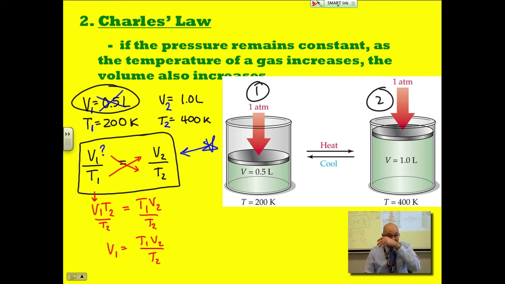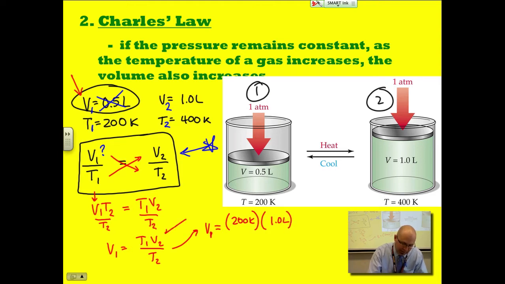Okay? And now, if I wanted to solve for V1, like I said I was going to do, if I take T1, which is 200, and I take V2, which is 1 liter, all I'm doing is plugging into this formula that I have right here, my T and my V, and divide that by 400.